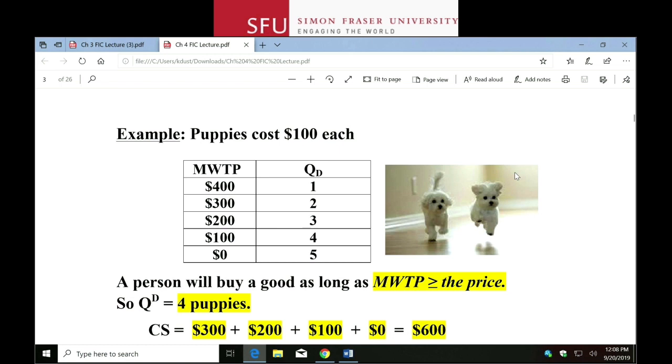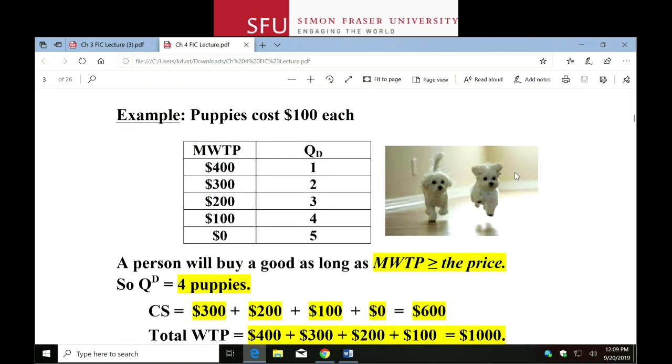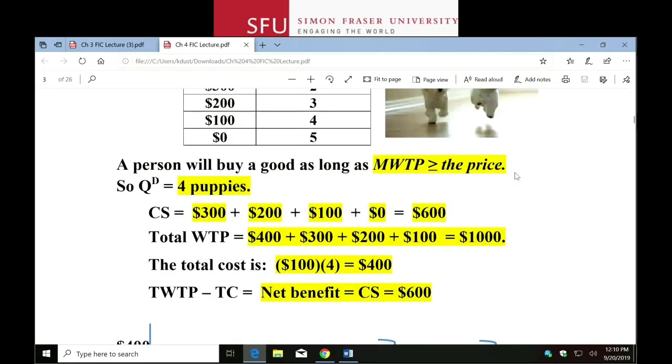And what the person actually pays for the 4 puppies is the price times the quantity. So she buys 4 puppies at $100 each. Okay, so the person's total willingness to pay for the 4 puppies is 1,000, cost, price times quantity, 400, and so then the surplus is $600.